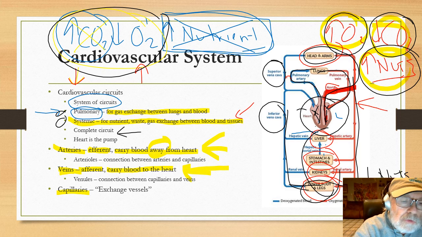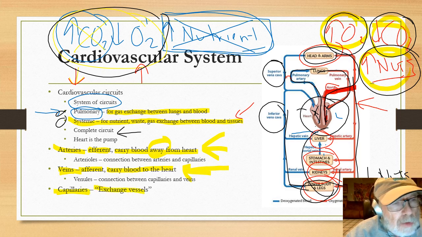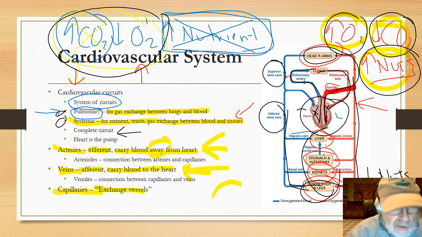They do so through what we call capillaries. Between the arteries and veins are these little microscopic vessels called capillaries. These are called exchange vessels because the walls of these small vessels are like one cell thick, and they have small little holes or perforations in the wall. This is the area where oxygen can actually get out of a blood vessel at the capillary and get to the tissues and to the cells.